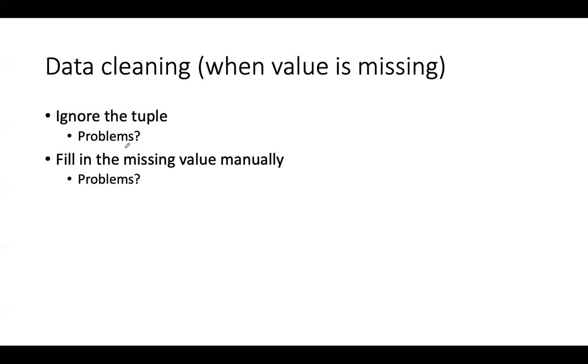anomalies. The first strategy is to ignore the tuple. We use this strategy especially when we have a missing class label. The class label here is just a Y, which is nothing but your dependent variable.